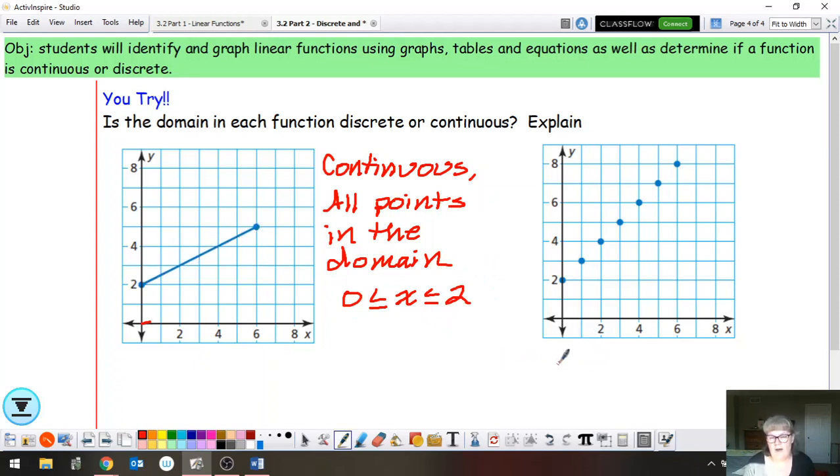The second graph is going to be discrete, and the reason why is it is a graph of very specific points.